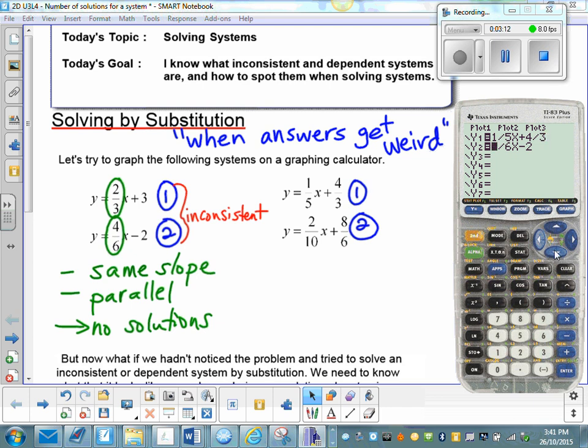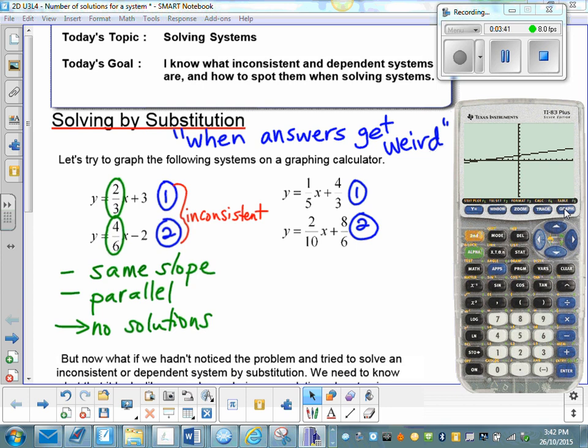So some pretty messy equations here with these fractions. And the second equation, 2 divided by 10 x plus 8 divided by 6. And I'll hit graph on those. There's the first line. And there's no second line.